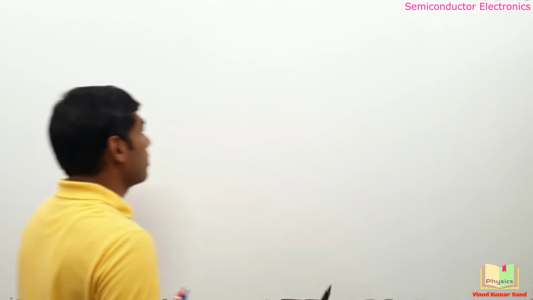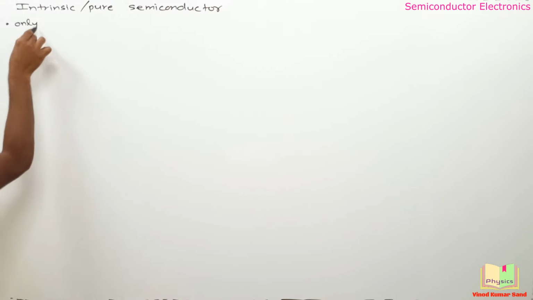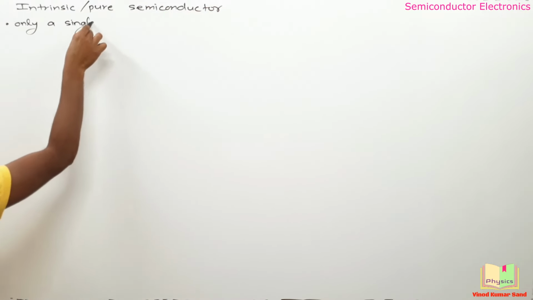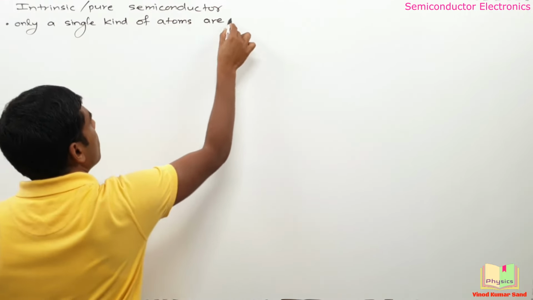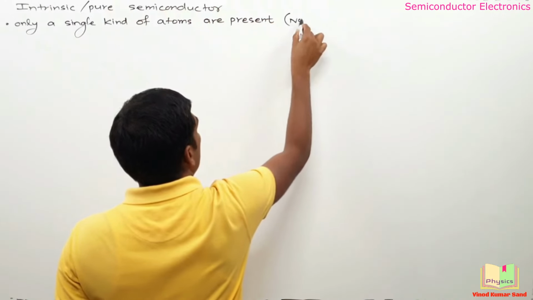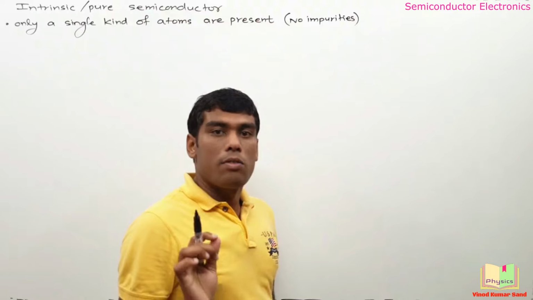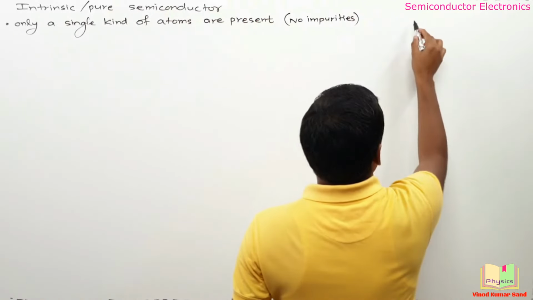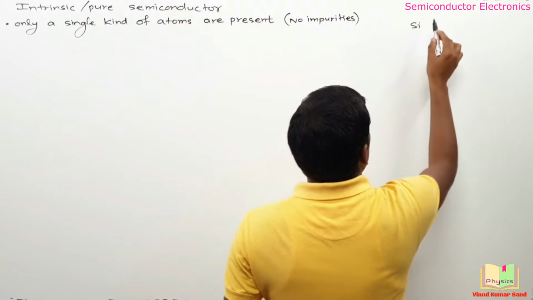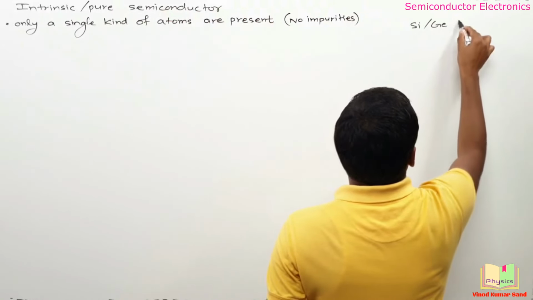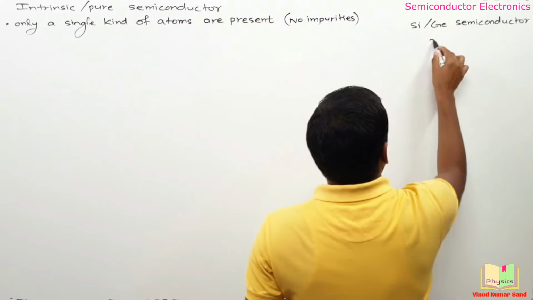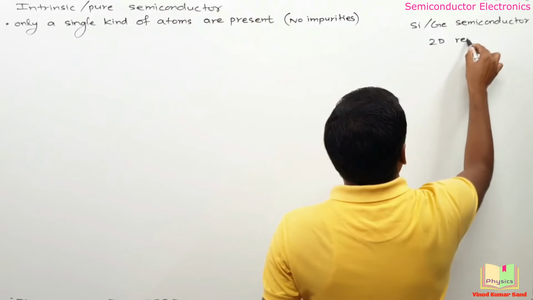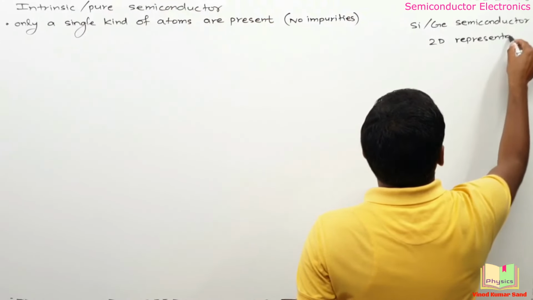Let's talk about the intrinsic semiconductors or the pure semiconductors. Only a single kind of atom is present. It means there are no impurities. For example, if it is a silicon semiconductor, all the atoms will be of silicon only. For a silicon or germanium semiconductor, I am making a 2D representation of the crystal lattice.